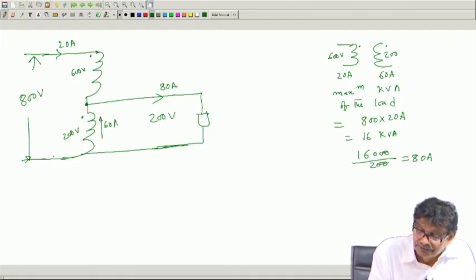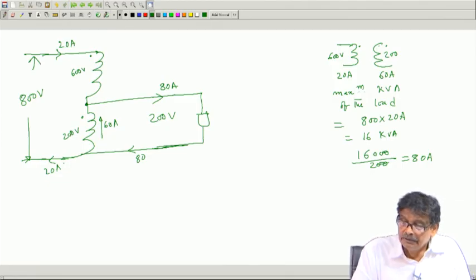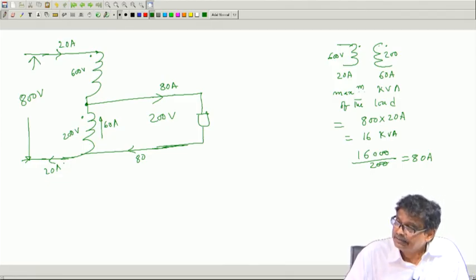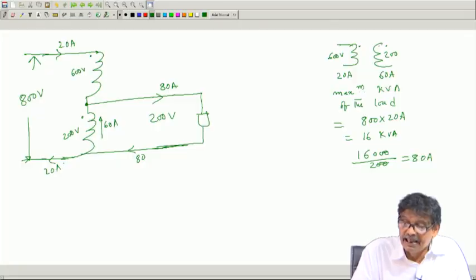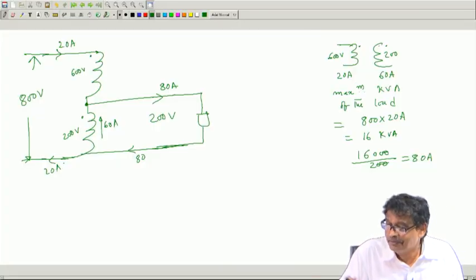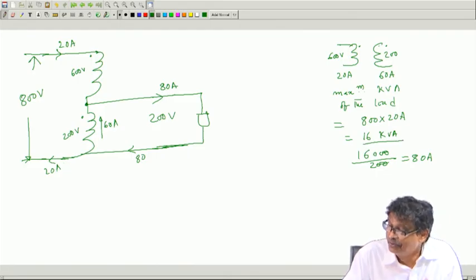Here also 80, 60 goes up, 20 comes here. So, once again it is kVA handled by the transformer this time is not 48 kVA, 16 kVA, which is greater than 12 kVA.